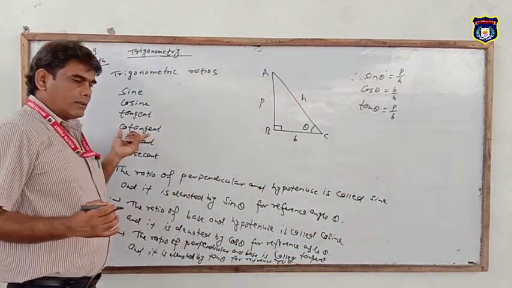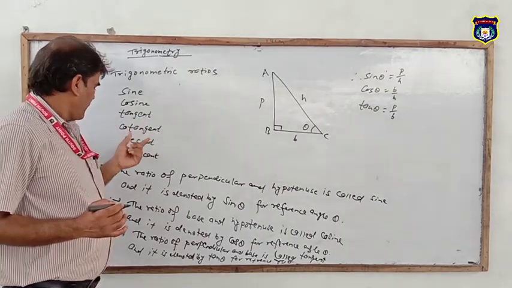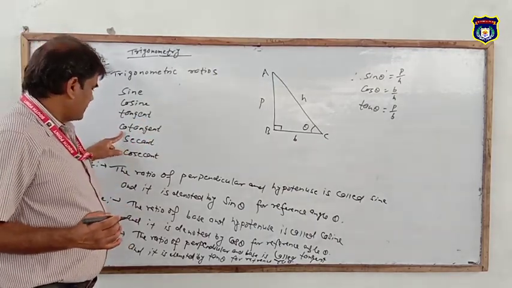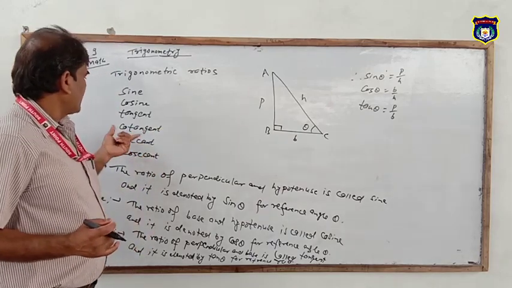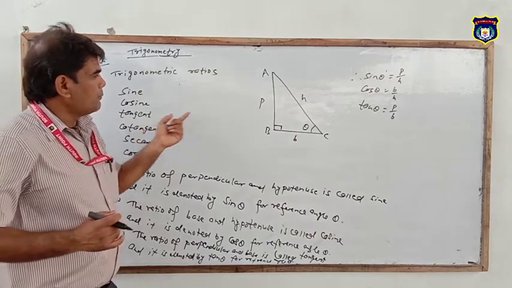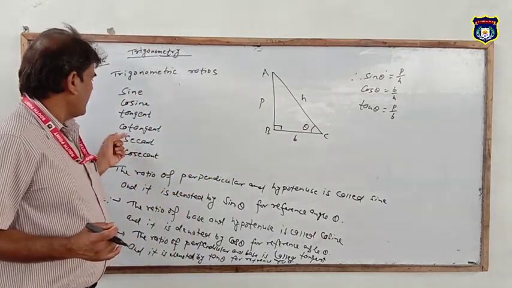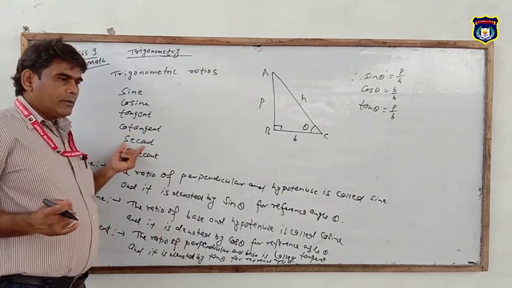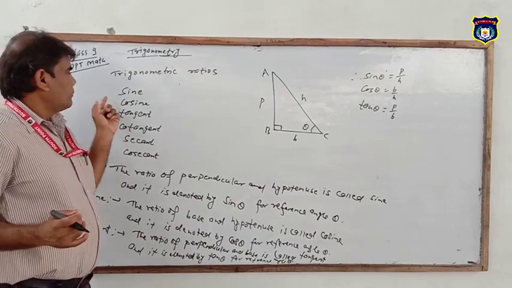The reverse of tangent is cotangent. The ratio of base and perpendicular is called cotangent, and it is denoted by cot theta. Similarly, secant and cosecant.